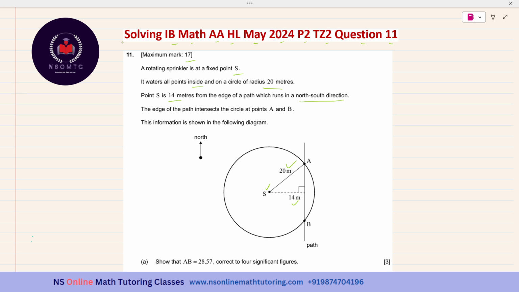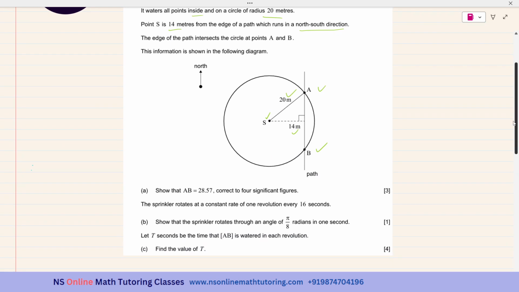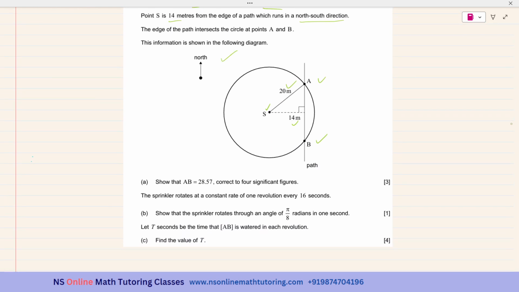The edge of the path intersects the circle at points A and B. This information is shown in the following diagram. This is the north. So part A's question is show that AB equal to 28.57, correct to 4 significant figures. It is containing 3 marks.